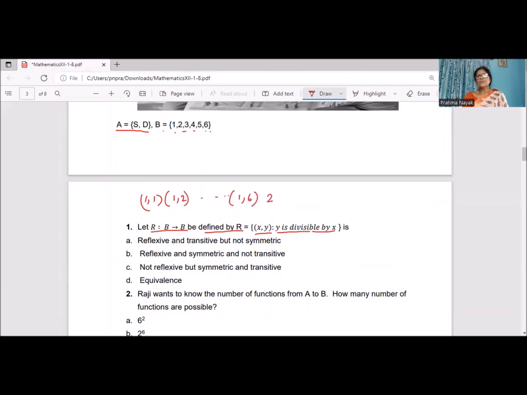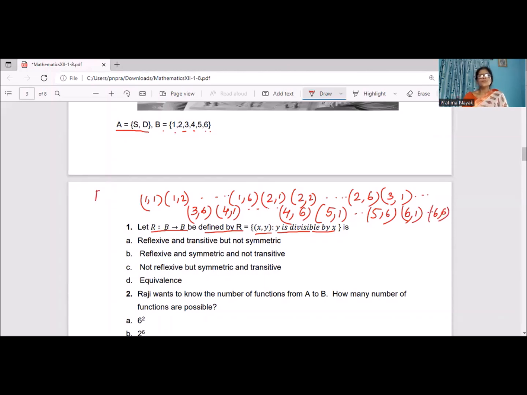Then ordered pairs (2, 1), (2, 2) up to (2, 6). Then (3, 1) up to (3, 6). Similarly (4, 1), (4, 2) up to (4, 6), (5, 1) up to (5, 6), and last (6, 1) up to (6, 6). All these ordered pairs form B cross B, the Cartesian product of B and B. Now from this we take only those where Y is divisible by X.